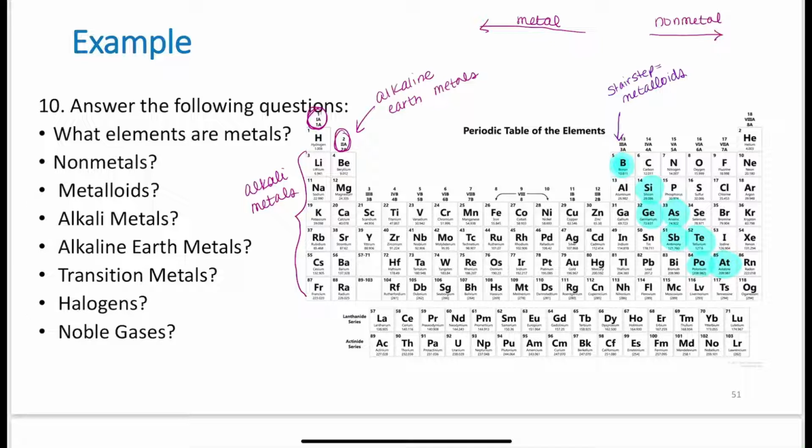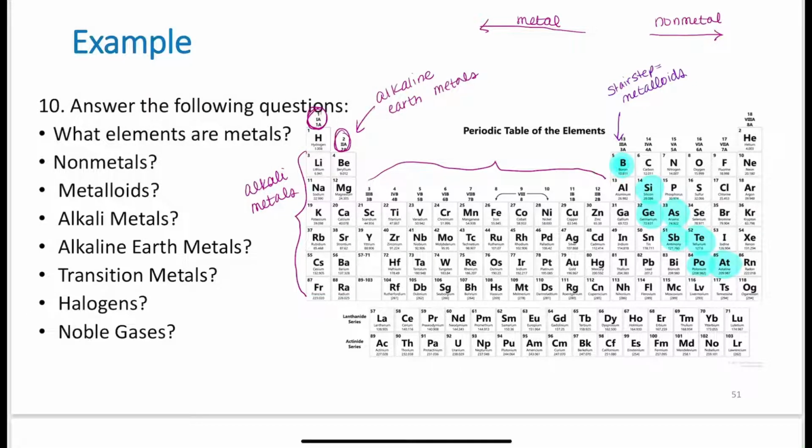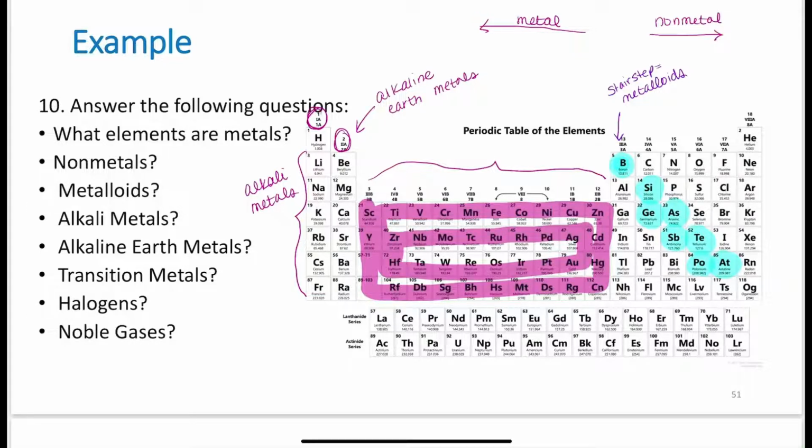Your transition metals is this block in the middle. We call this your D block. You'll learn more about that later in the semester. But this is your D block. And these encompass your transition metals.